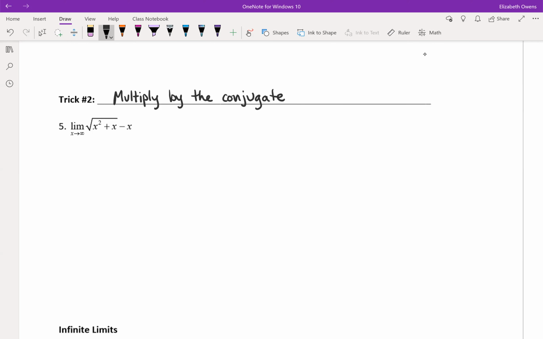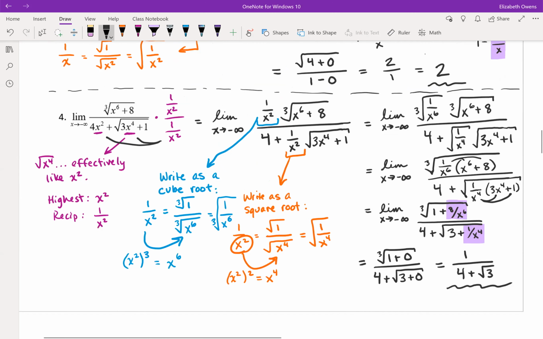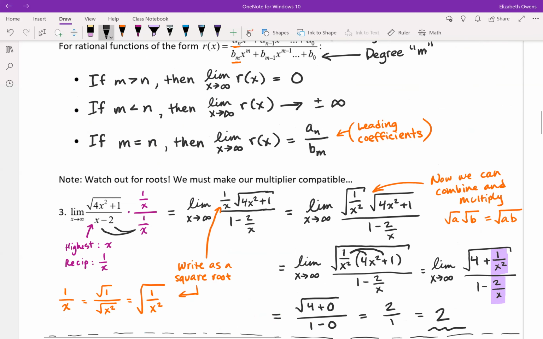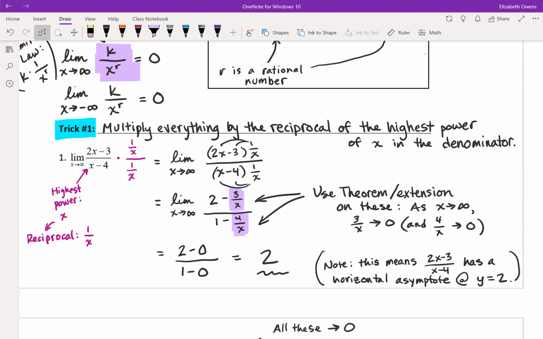But here it gets a slightly different twist because remember, we have a trick that's been working for us quite a bit. This is the main trick that we try to use. Trick number 1, multiplying everything by the reciprocal of the highest power of x in the denominator.